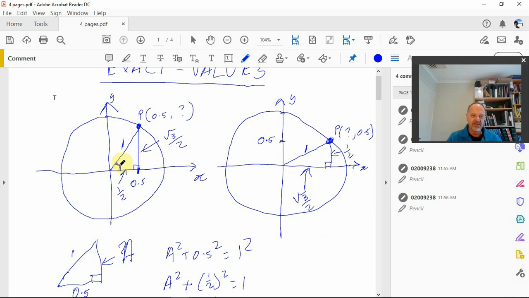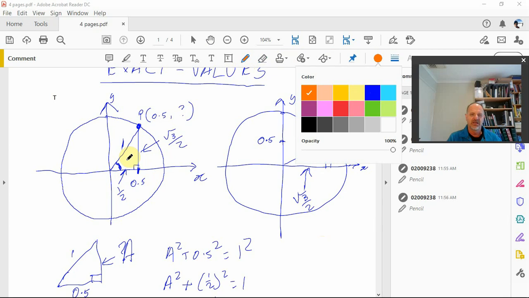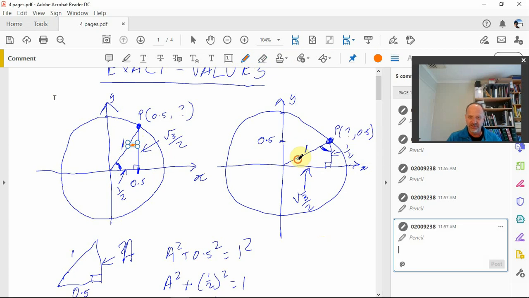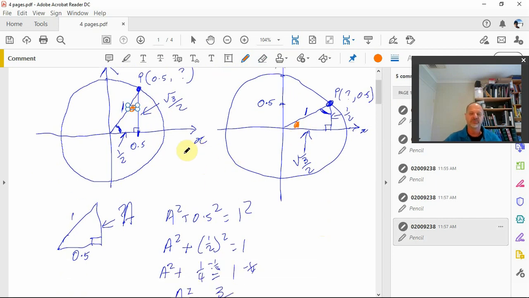And this angle there was the same as that one. And I want to change my pen color. This angle up here is this little one down there. All right. So if we knew what those angles were, then we could figure out some exact values.